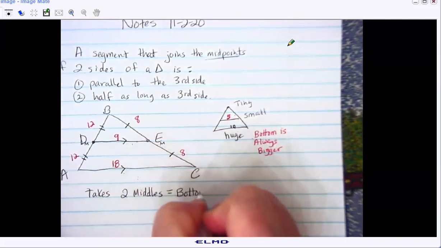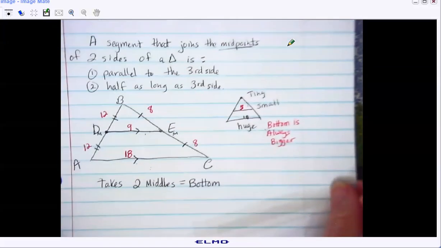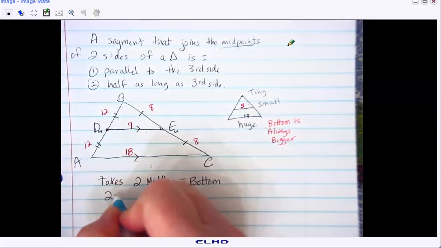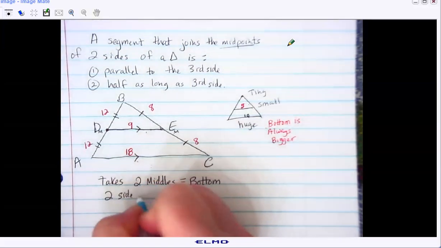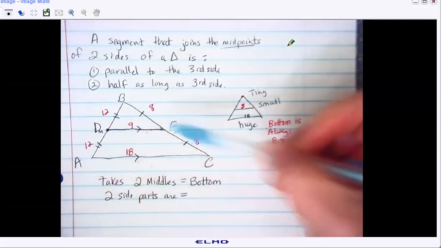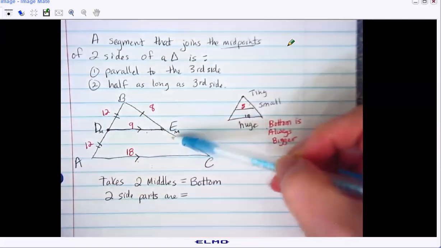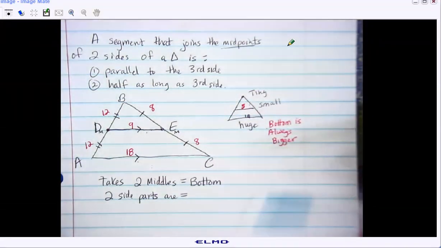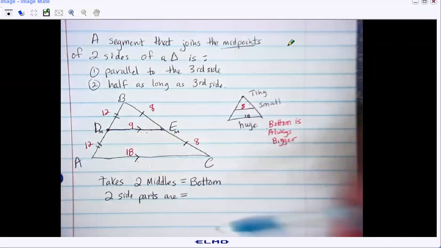And by bottom, I just mean that third side. Okay. And if the 2 side parts are equal. So this side, these parts are equal, those parts are equal. So you either have equal or half double.